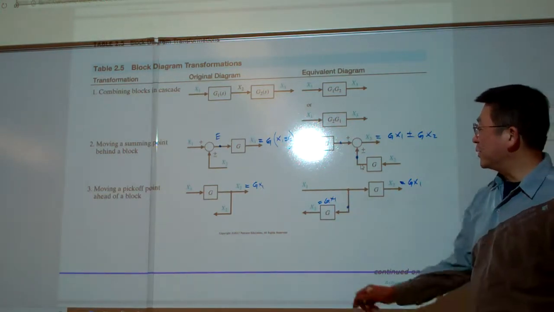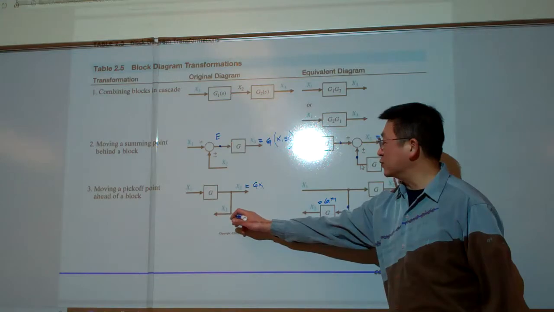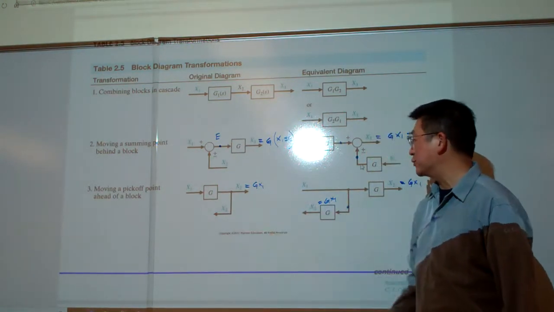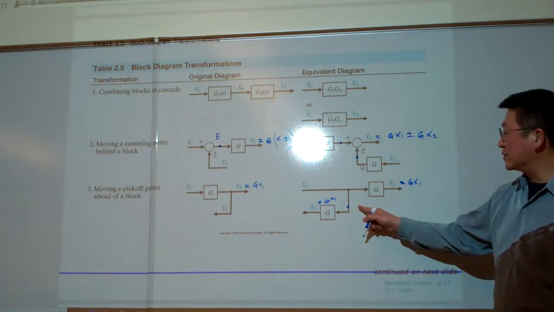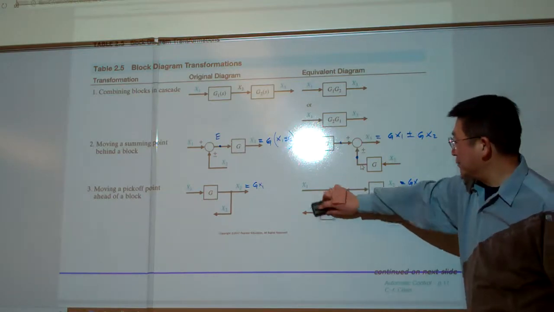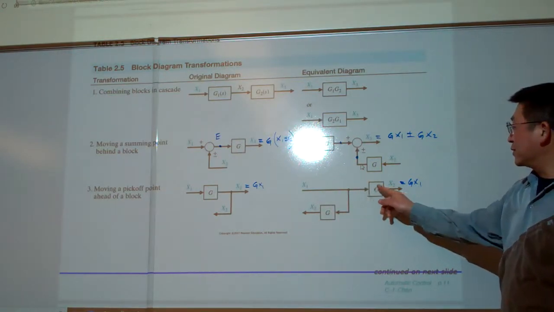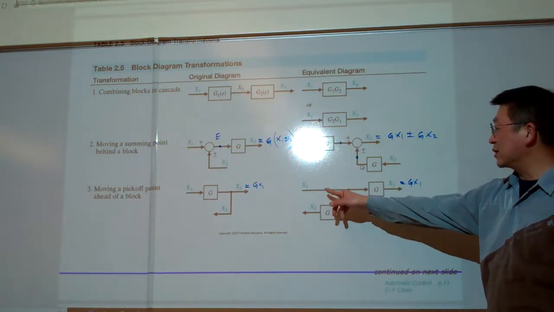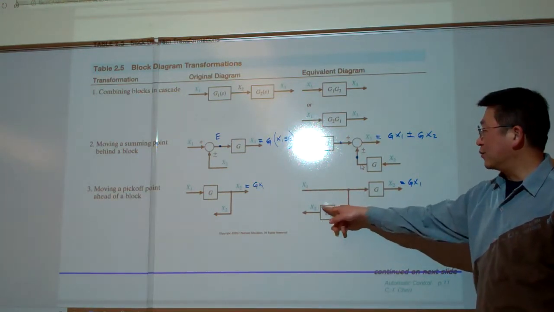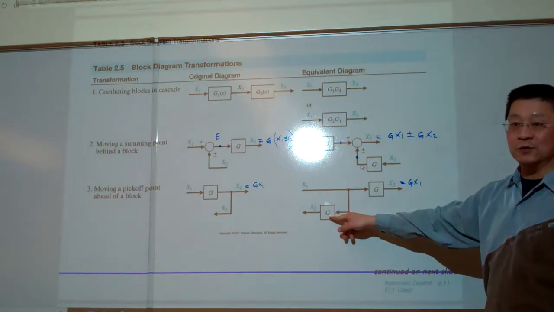This signal from here is the feedback taken to somewhere, and the feedback is based on x2. For these equivalent systems, if you would like to take the feedback from here rather than from there, then to make the two equivalent you have to consider a block here to make the signals equivalent.